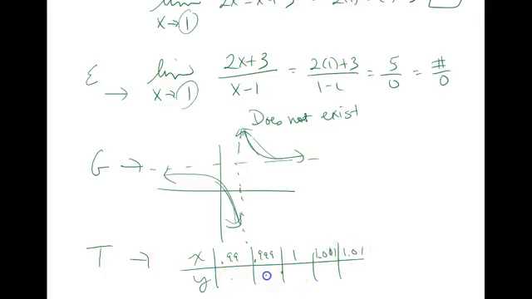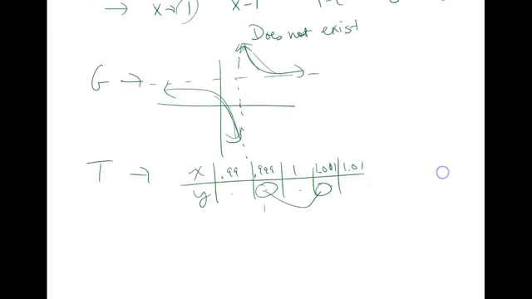You could plug in values all around, and what you would be looking for is, are these similar? This is going to say error, because you can't plug in a 1, since you'll get a 0 on the bottom. But if you plug in values really close to 1, are they close together or are they the same? Because if they are, then you would know the limit does exist and it's right here.